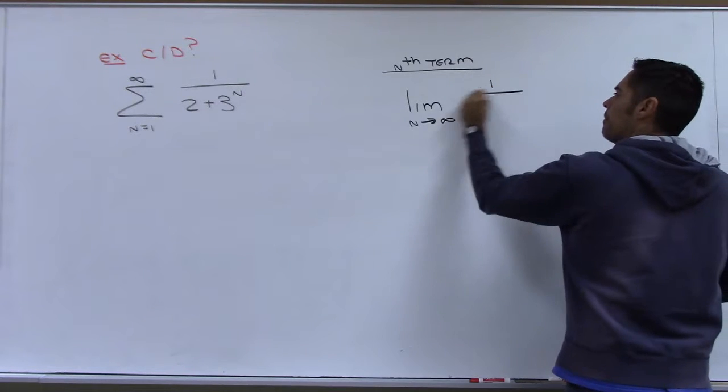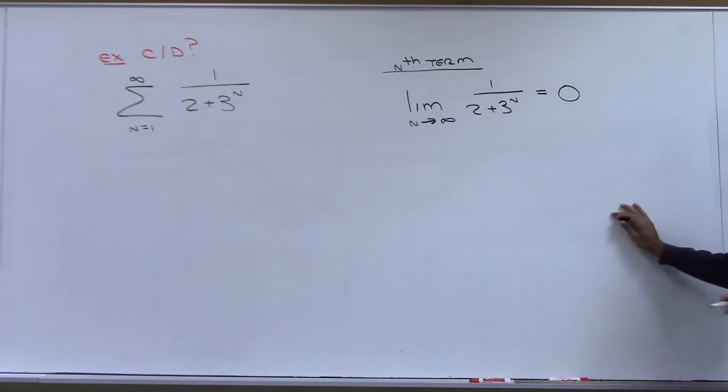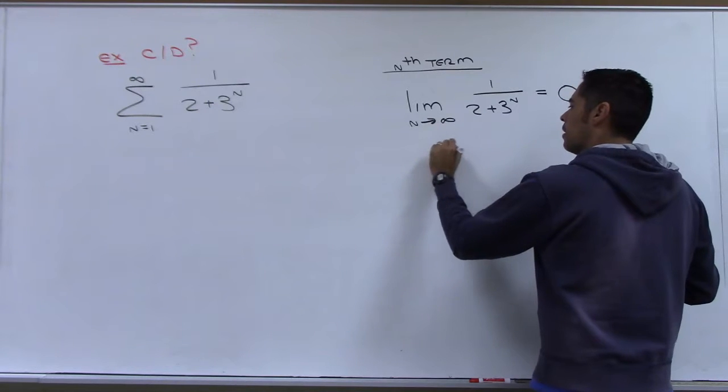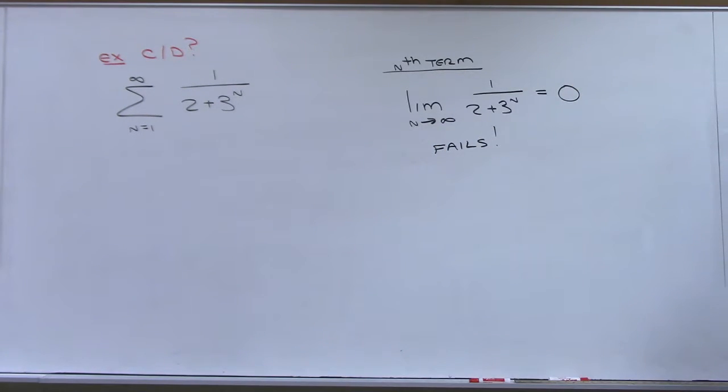And it's pretty obvious that goes to 0, right? So the test fails, right? But that would be the first thing we would probably do. So this fails. So we move on.